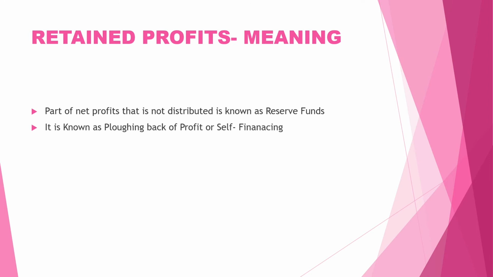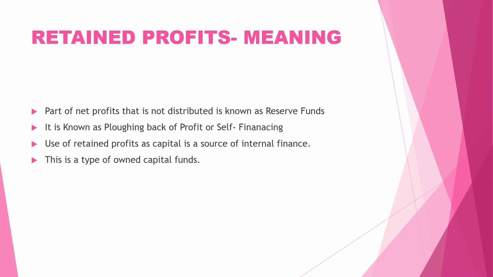Therefore, it is called self-financing, where the company does not have to depend on any external sources when it requires capital. This use of retained profits as capital is known as a source of internal finance.